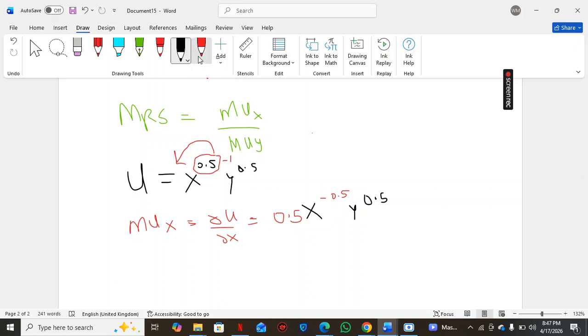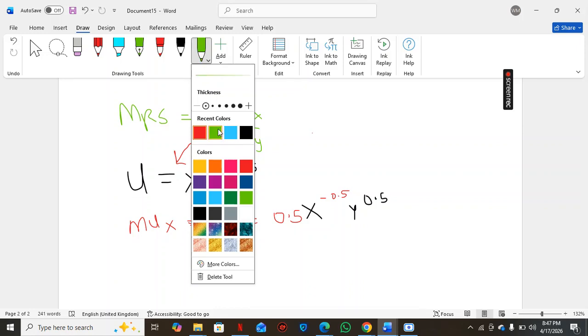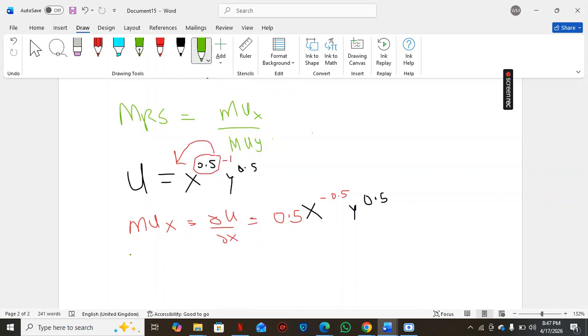Then for good Y, marginal utility of good Y is the partial derivative of the utility function with respect to Y. Okay, so it means we're deriving this utility function with respect to Y. So how are we going to do that? You come to the y power here. You're going to say 0.5 times 1.